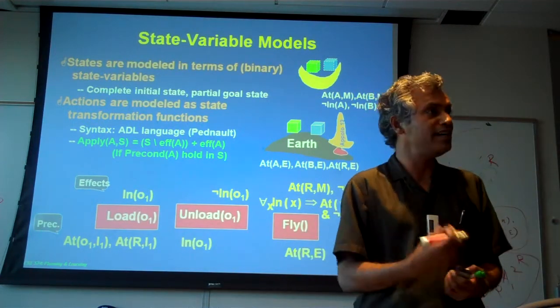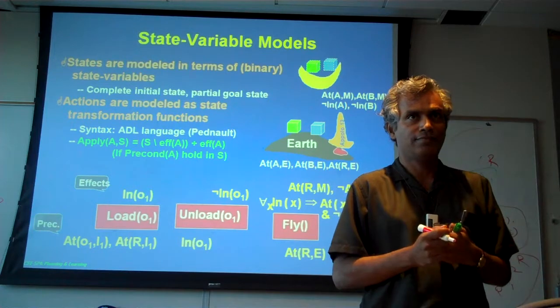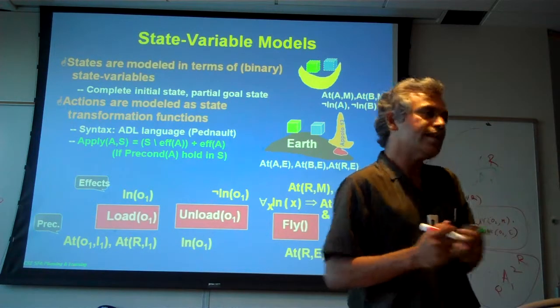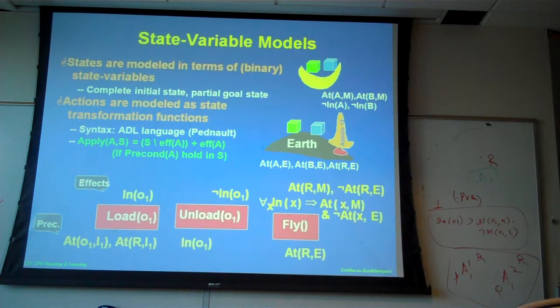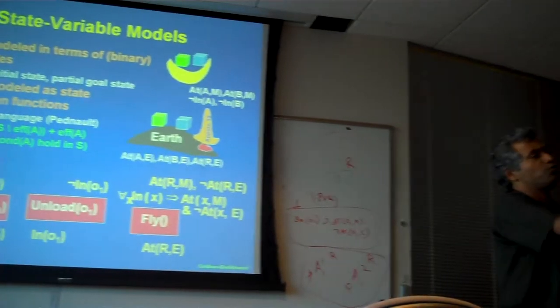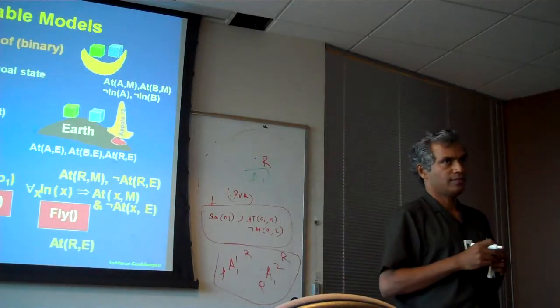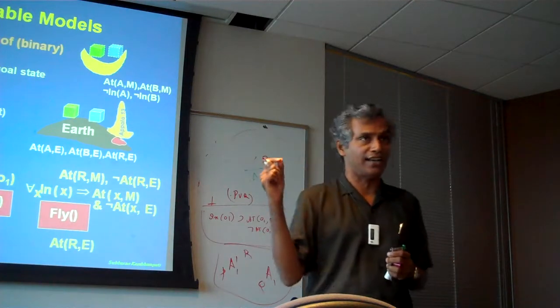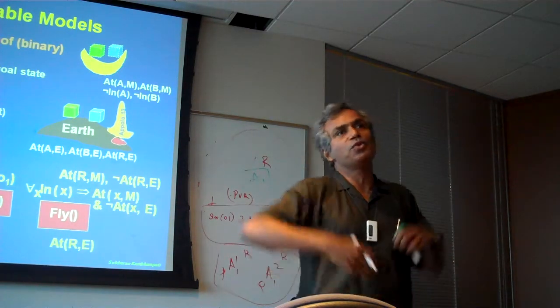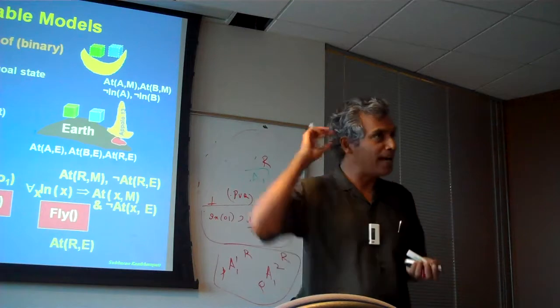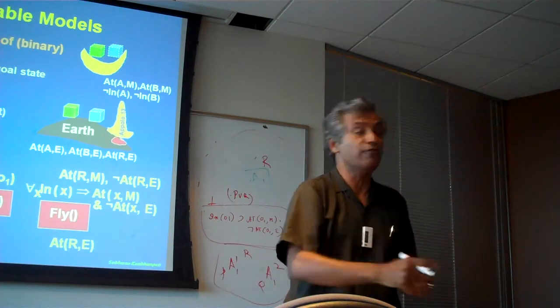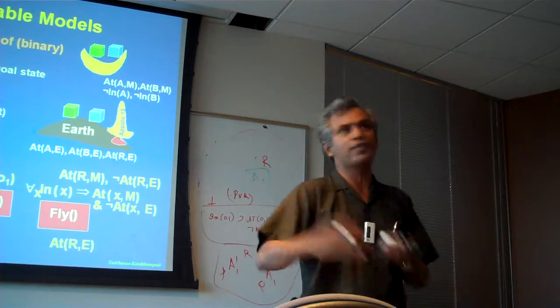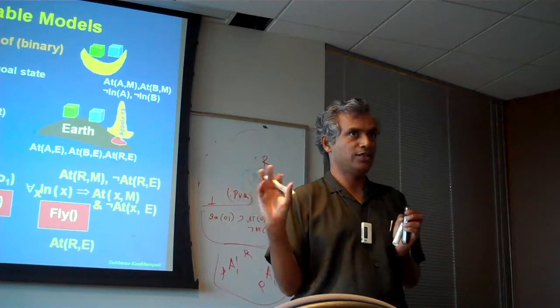That means you have uncertainty about the initial state. Suppose I told you all you know about this initial state is either P is true or Q is true. I don't know which one. Then the original action can be used to still achieve R. After compilation, you can't use it, because the compiled actions will require: is P true? If not, I can't be used. Is Q true? If not, I can't be used. Do you see what I'm saying?